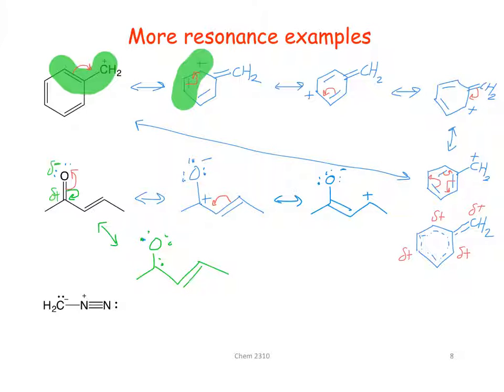And how would our charges be? We'd have a minus charge on the carbon and a plus charge on the oxygen. So how do you think the stability of this structure is relative to the stability of this one right over here? Okay, so let's compare these.